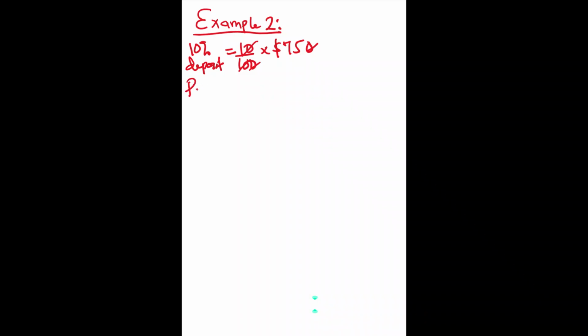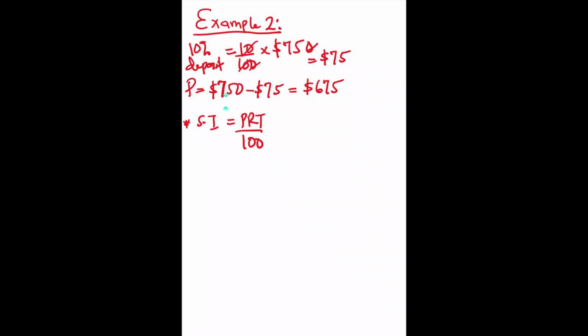This 0 cancels this 0, this 0 will cancel this 0. And so the principal will be $750 minus $75. This one is $75, I forgot to put this. So 750 minus 75 will give us $675.